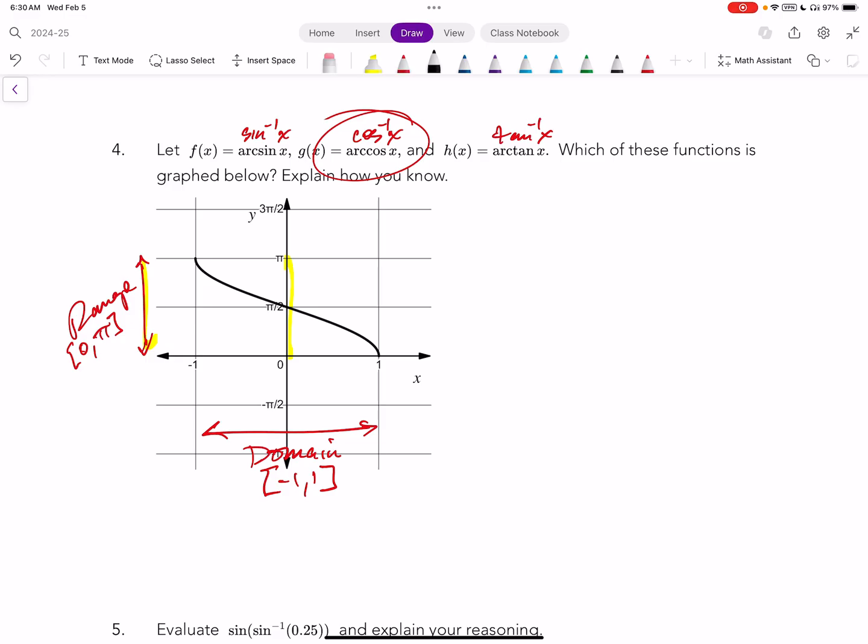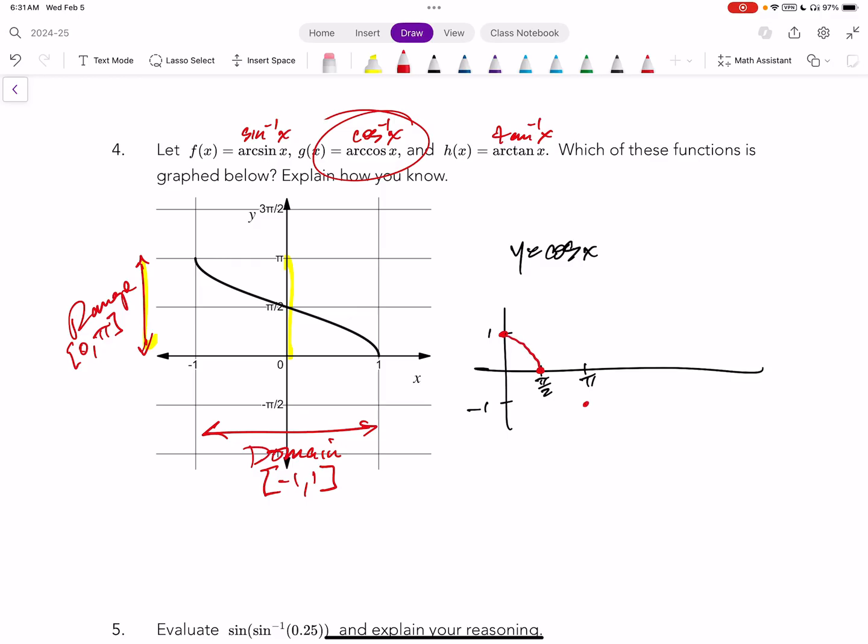So let's go ahead and draw a little sketch here, just to make sure that you guys follow me. Now, if you draw cosine, let's put pi halves here and pi here, and let's go up 1 and go down 1. When you draw y equals cosine x here, we know that cosine of 0 is 1, cosine of pi halves is 0, cosine of pi is -1.